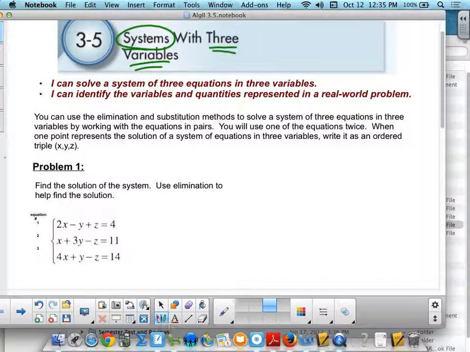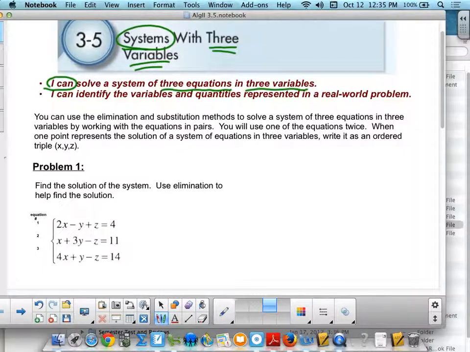You're going to have 3 variables. So what's our I can statement today? Solve a system with 3 equations, 3 variables, x, y, z. How's that? The bottom one, let's do it tomorrow. Let's do the real life application tomorrow.